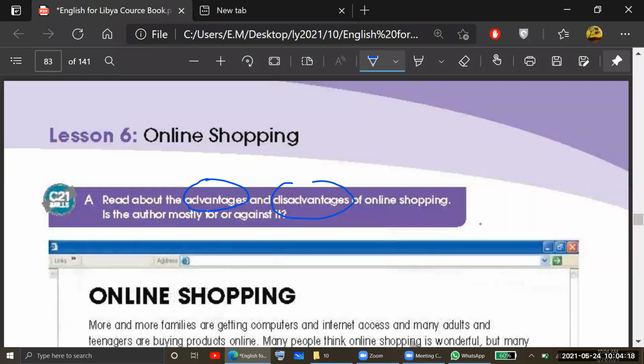Before we get to the question I want to tell you what do advantages and disadvantages mean. Advantages يلي هي المحاسن. Disadvantages المساوئ. So we will see what are the advantages of online shopping and what are the disadvantages.